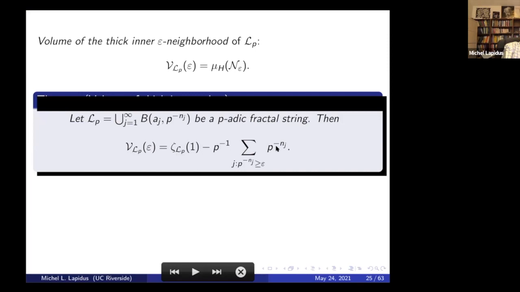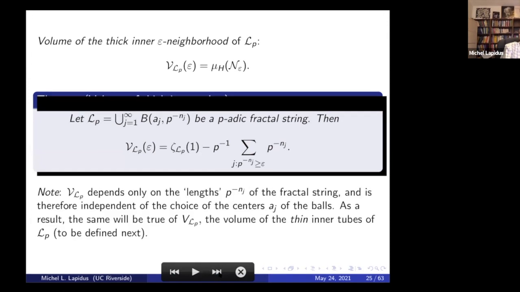And p to the n_j, remember, is the radius of the jth component of your p-Adic string. So this is a computation. Notice that it depends only on these lengths, p to the minus n_j, and not on the choice of the centers, a_j, of the balls.